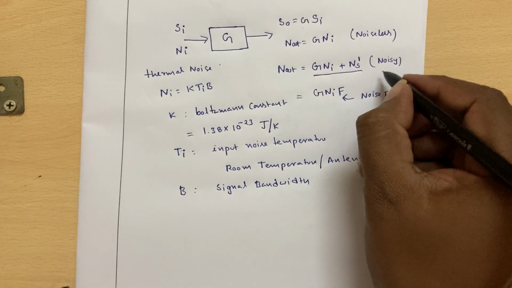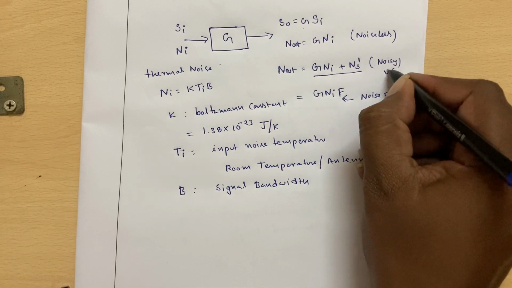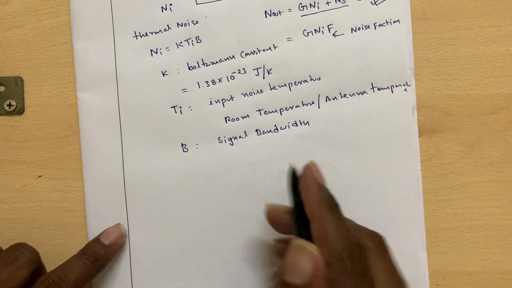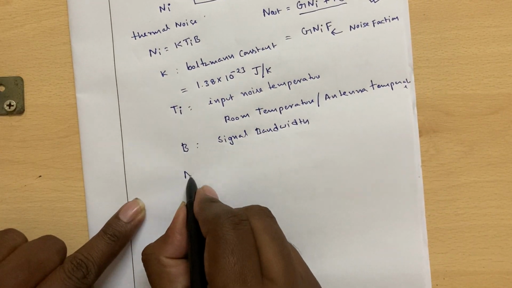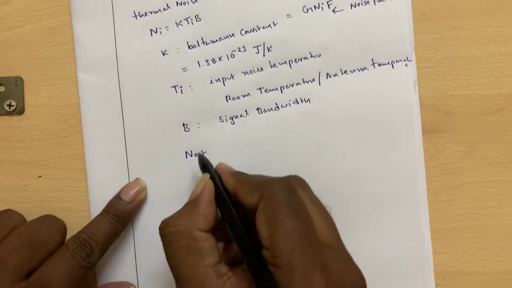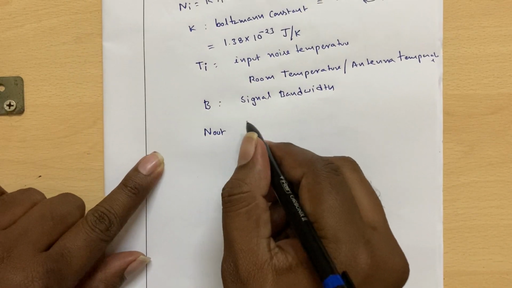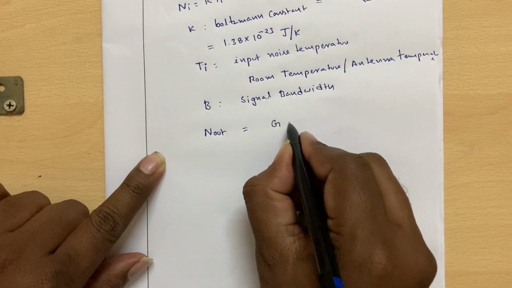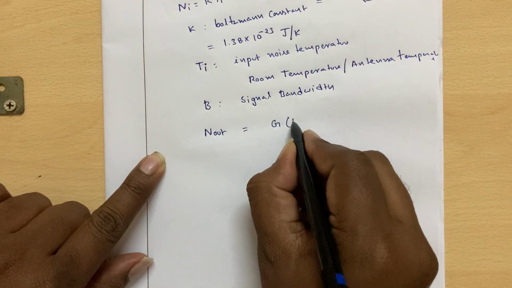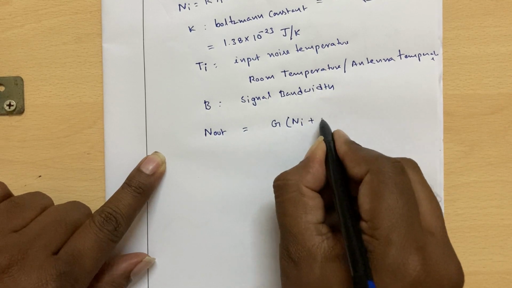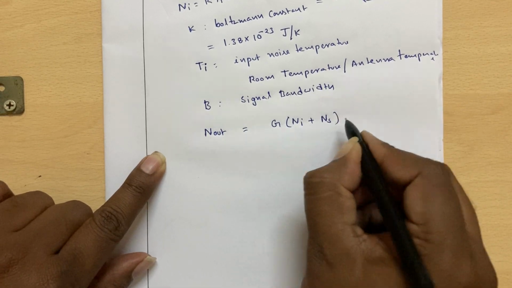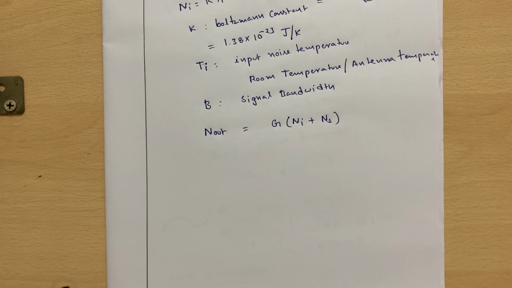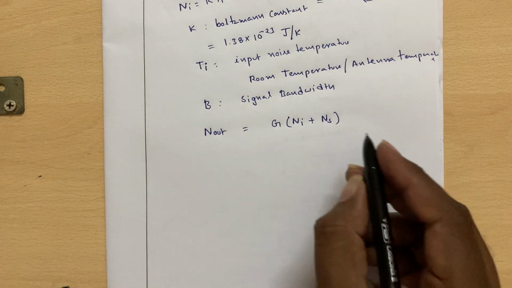Now, in this way of representing the additional noise, you can write Nout, the output noise power, as G into Ni plus some Ns dash, where Ns dash is equal to G into Ns, because G is the power gain.